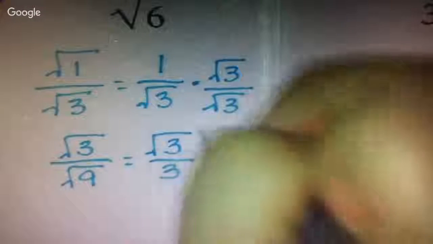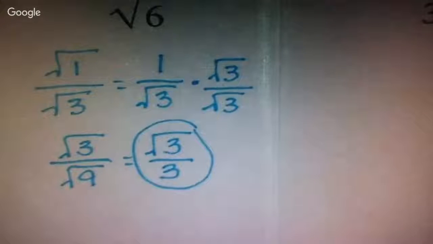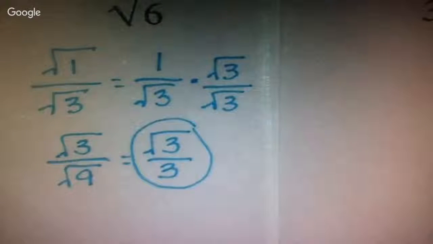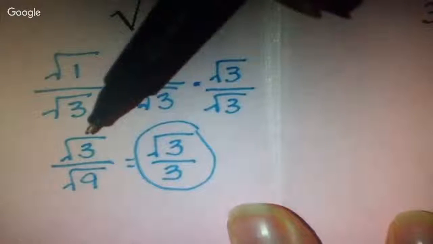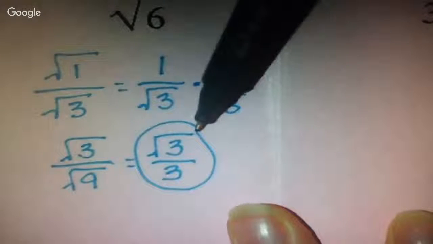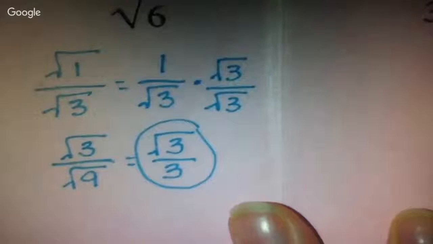And in the bottom, square root of 9, which becomes 3. So the answer is the square root of 3 over 3. Okay. If you've now realized that when I multiply the square root of 3 times the square root of 3, all it does is cancel out your square roots and keeps the 3, I don't need to see this part of it if you're good going straight to this. Okay.